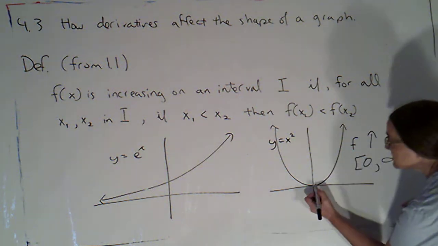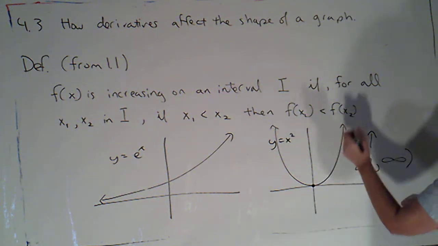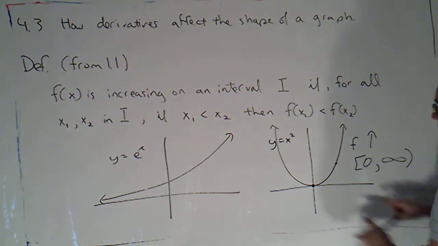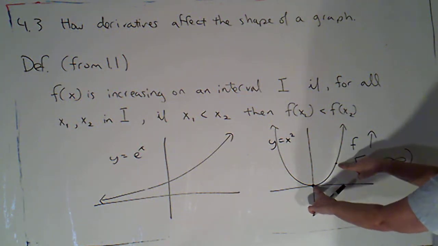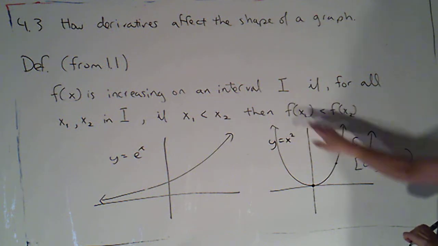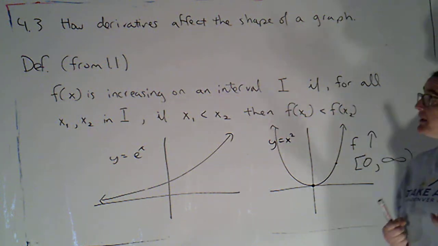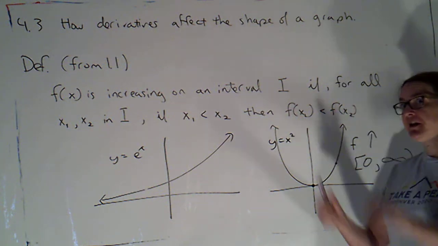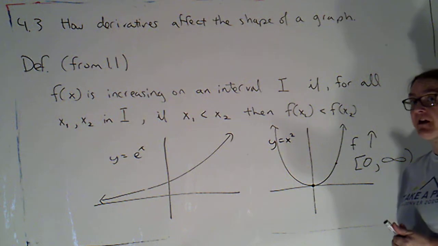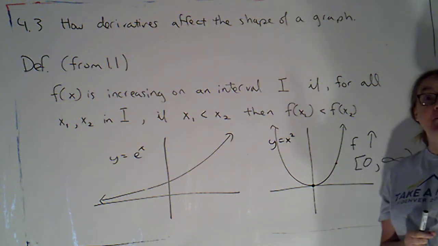And if I chose 0 as one point in my interval, and any point to the right of 0 as my other point, the point to the right would be higher. So this criterion is satisfied on the interval including 0. So this is a definition about increasing on an interval, talking about how we compare the values of the points, rather than a definition about increasing at a point.